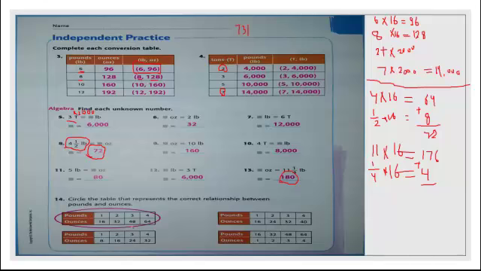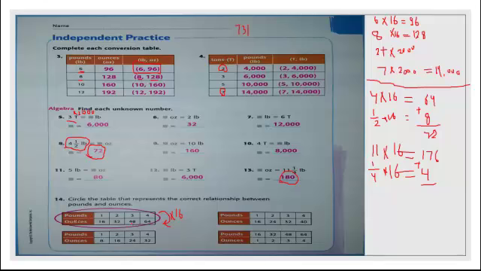Then 4 multiplied by 16 will give me 64. So all of them multiplied by 16 give us the number below. So the first table is the correct one.